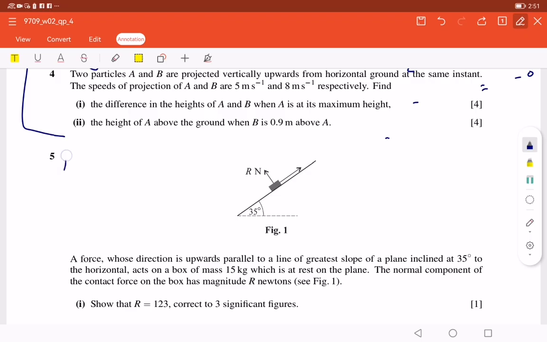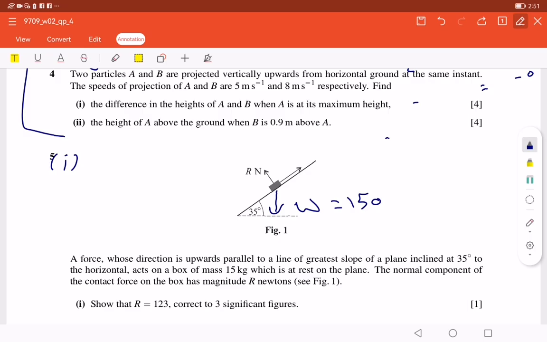To solve item I, or the first item, firstly you must understand the mass of the body is 15 kilograms, so the weight force will be W equals 15 multiplied by 10 equals 150. Is it okay?